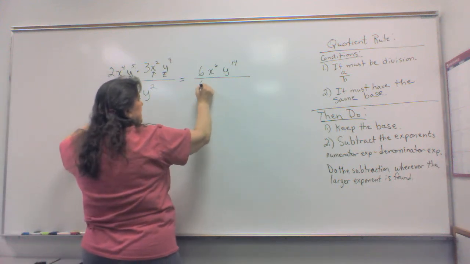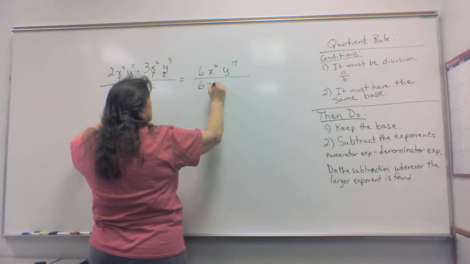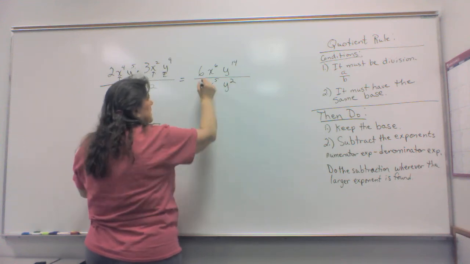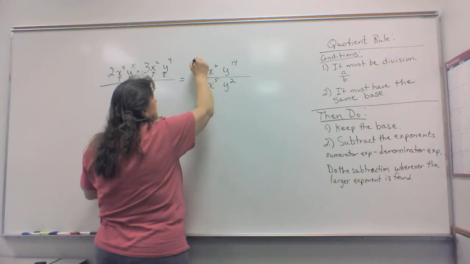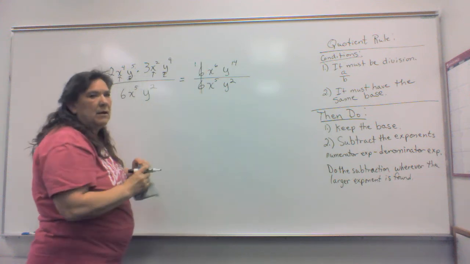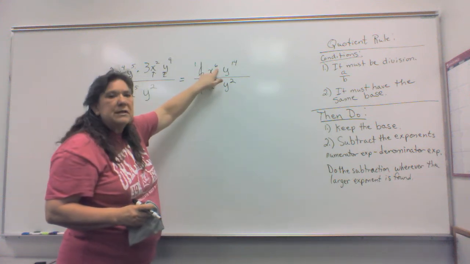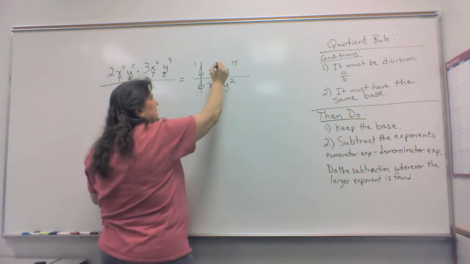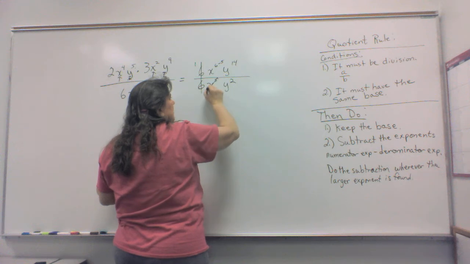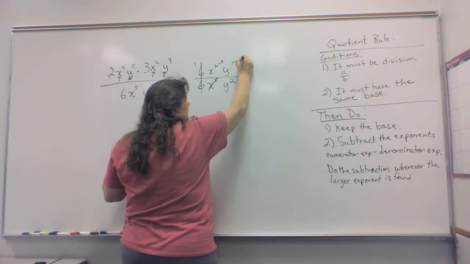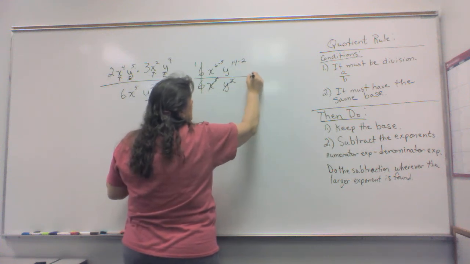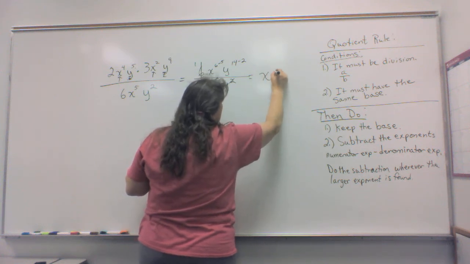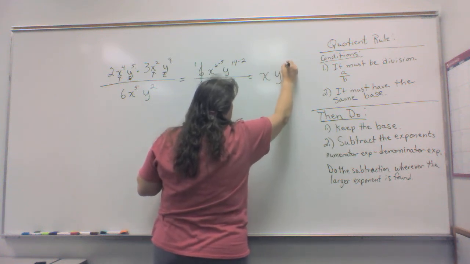Now, this is going to be divided by 6x to the 5th, y to the second. 6 divided by 6 is 1. Notice my numerator exponents are larger than the denominator's, so it's going to be 6 minus 5 and 14 minus 2, which gives me x to the first power, or just x, and y to the 12th power.